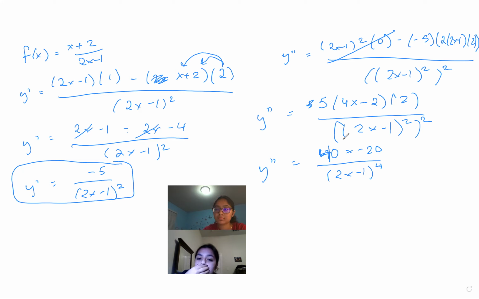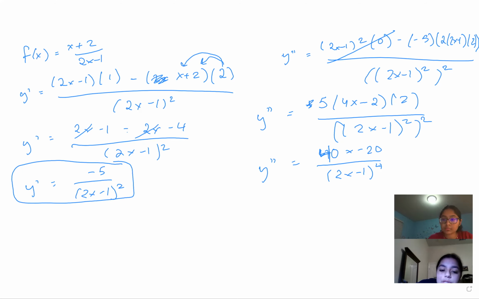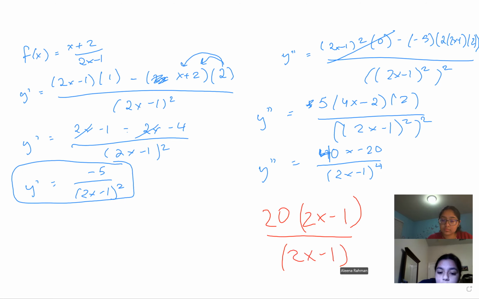And so then, here's how to make it a little bit easier. I'm going to annotate this. So at the top, you see you get negative 5. So you're going to leave the 2x minus 1 in the parentheses. And so like you did, you're going to do 5 times 2 times 2, which is 20 times 2x minus 1 over 2x minus 1 to the power of 4.